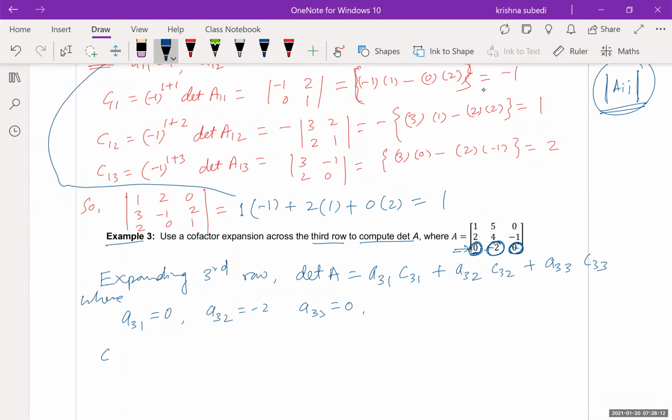Okay, C31 means -1 power 3 plus 1, and determinant of A31. Okay, and C32 is -1 power 3 plus 2, A32.